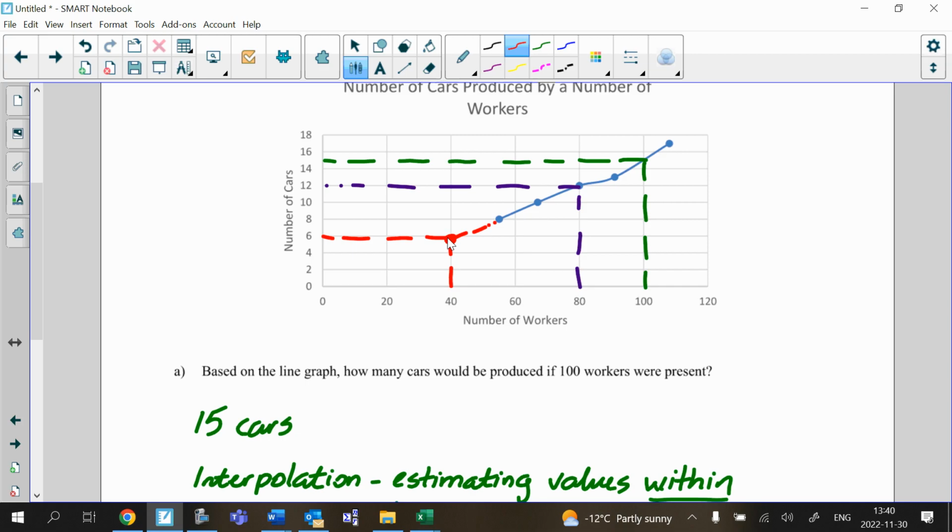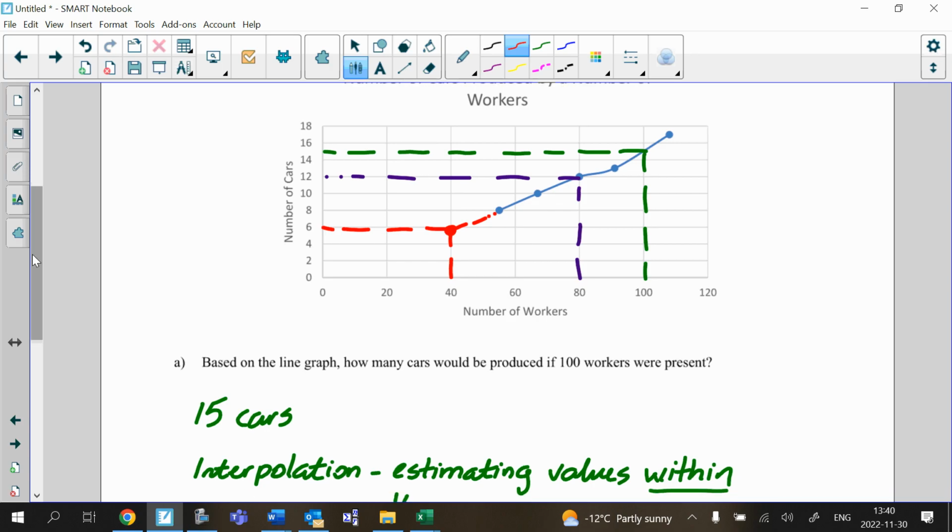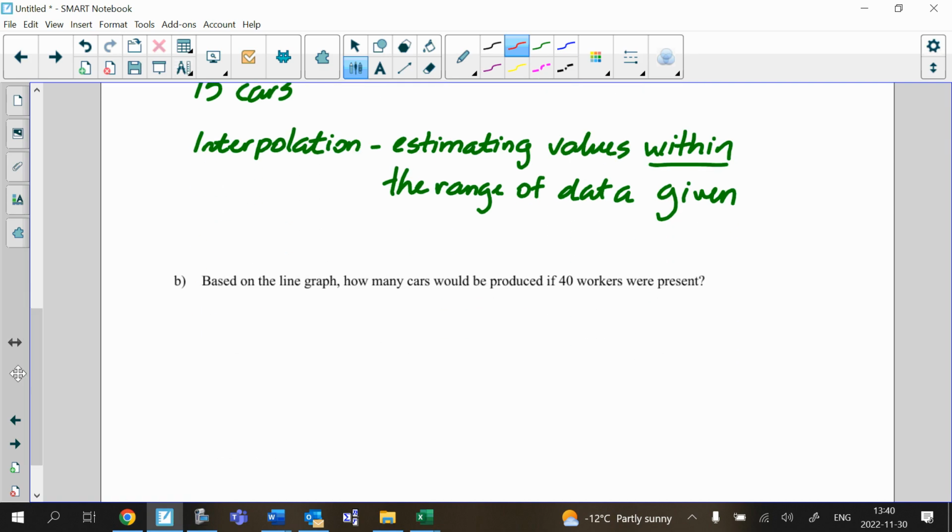Because it's outside the range of data, we are doing an extrapolation. Estimating values outside the range of data given.